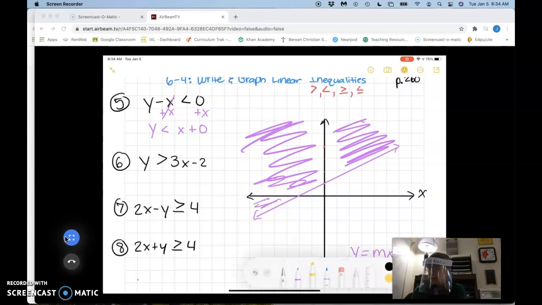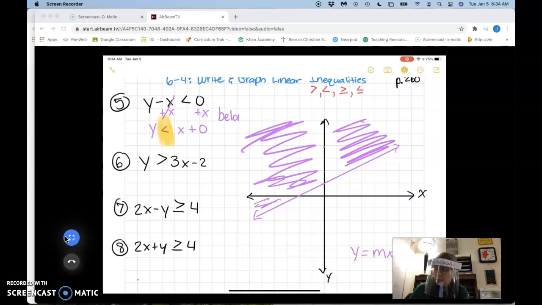If the sign is less than, it is below. If the sign is greater than, like this one, then the solution is going to be above the line. You're going to shade above the line. So it's very easy, right?